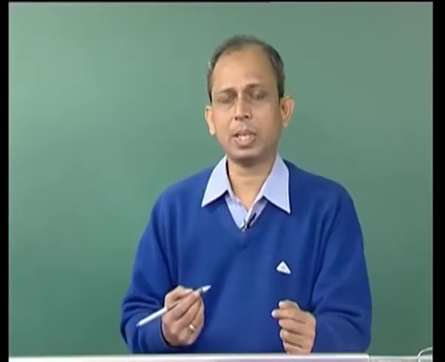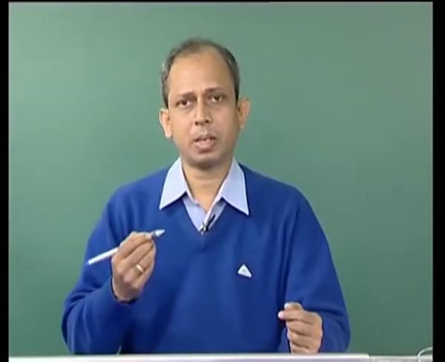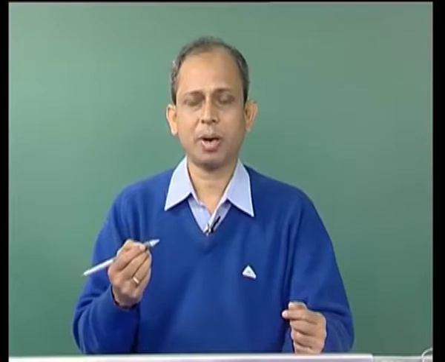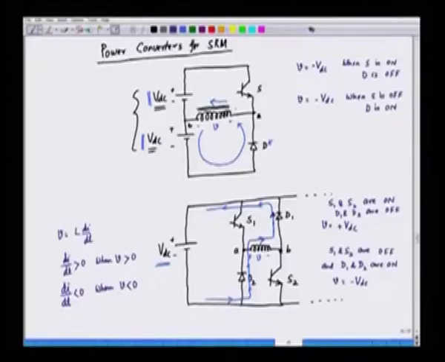Now, we have seen actually that sometimes there are two windings for a phase. If there are two windings per phase, we can extend this to a two-winding structure also. So, if we have two windings per phase, we can have a structure like this.